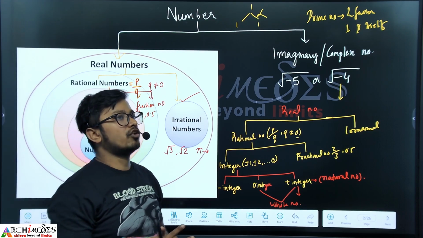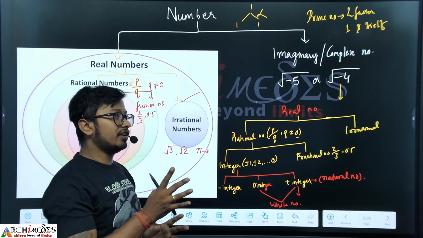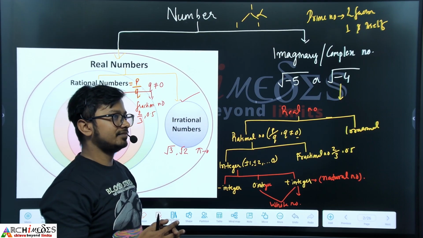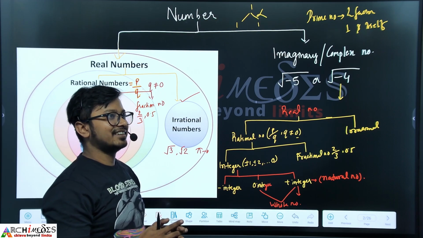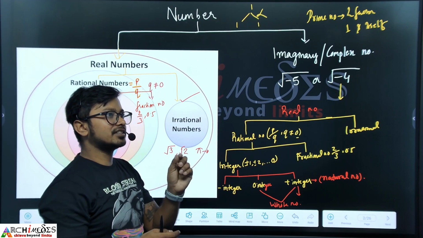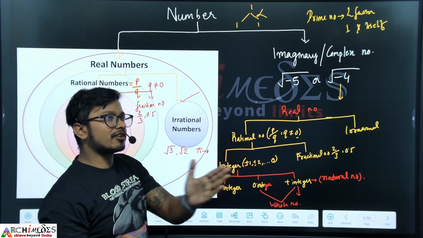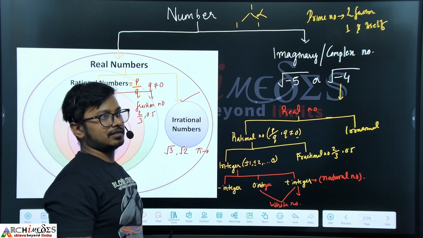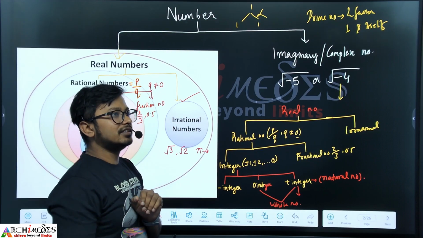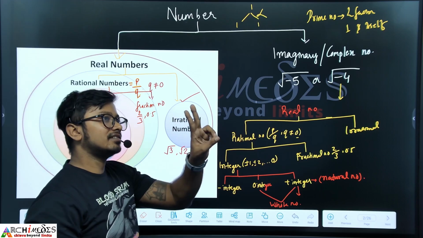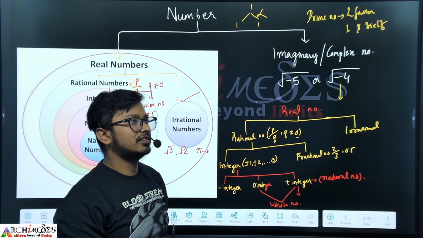If they say non-negative, listen carefully: leave out the negatives and start from 0. But if they say smallest positive, then it is 2. So be careful. Am I clear?